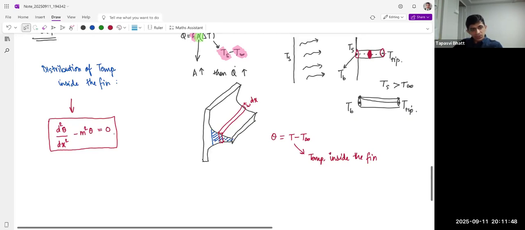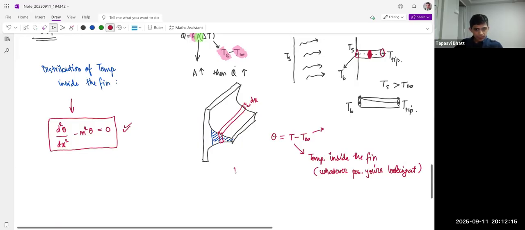Using this equation, we are actually able to do that. So what is T here? T is the temperature inside the fin at whatever position you are looking at. What is T infinity? T infinity you guys know.